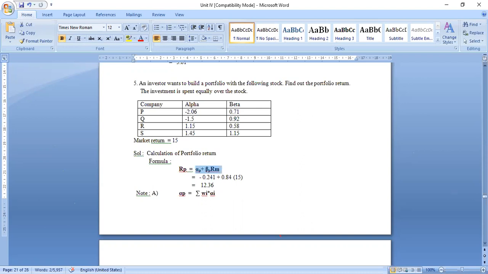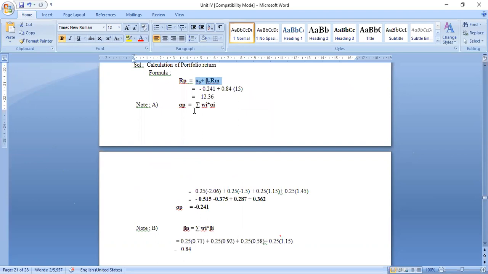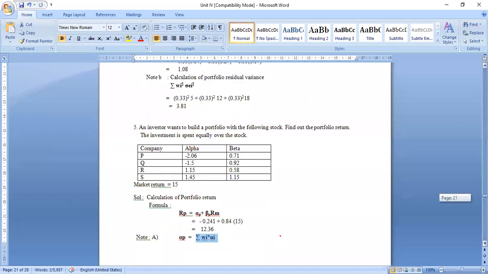Okay. So the first working note is for alpha p. And what is the working note? Summation of weights into the values of the alpha coefficient. And what are the weights here? As I've already told, this is a keyword, equally over the stocks. So we are just going to do 1 divided by 4, which is nothing but 25% or 0.25.